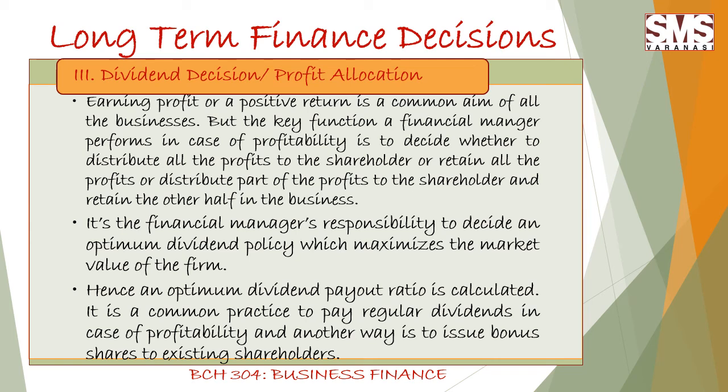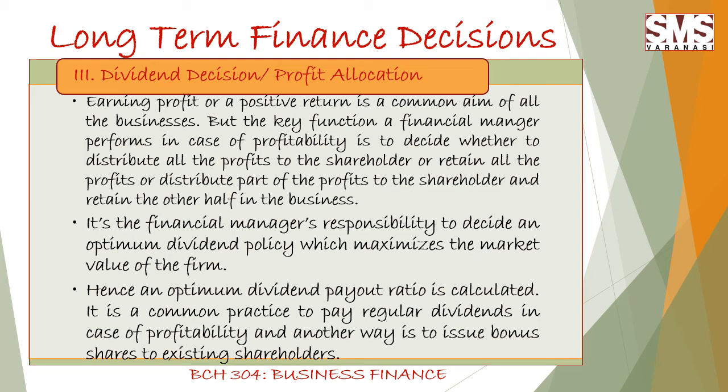So which type or what are the forms of dividend, what can be the type of dividend policy, all such decisions are taken here under dividend decision. And it's the financial manager's responsibility to decide an optimum dividend policy which maximizes the market value of the firm. And for this, an optimum dividend payout ratio is calculated.